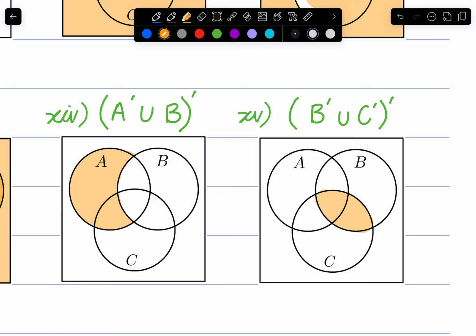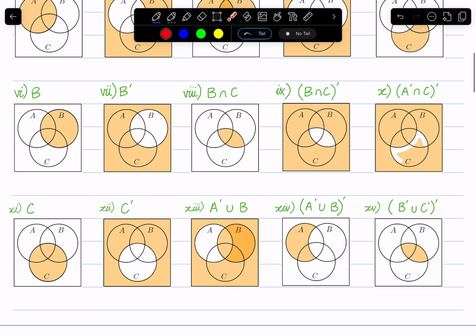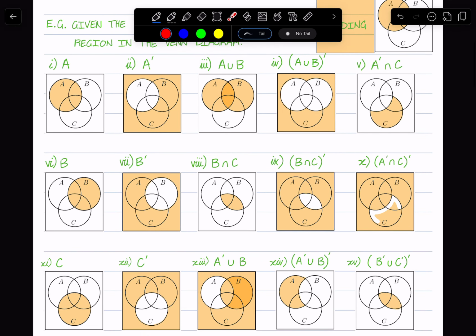So that is the complement of not B union not C. If you take a close look, that is actually equivalent to these ones. So there are equivalent Venn diagrams and set notations.